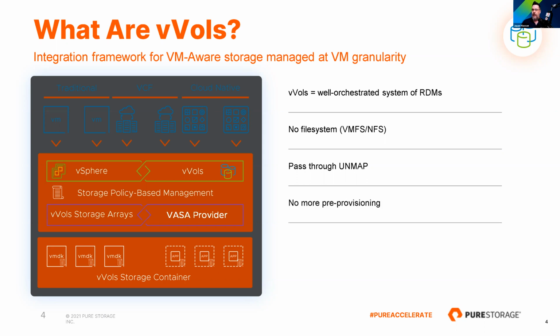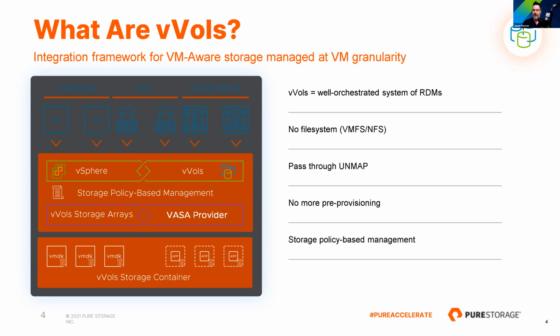Another big benefit is that with vVols, you're no longer provisioning LUNs or volumes. Unlike a traditional infrastructure where you would provision a LUN or a volume and it has a certain set of capabilities, with vVols the architecture and the management around vVols does that for you. So when you provision a VM and create a new VMDK, that's done on the back end on the array for you. You don't have to go create that object.